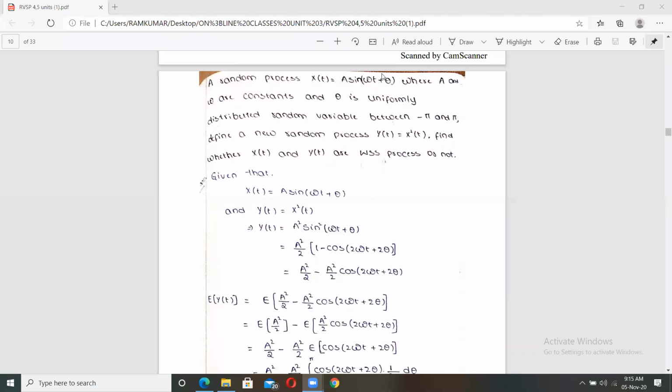Here the random process x of t equal to a sin omega t plus theta, where a and omega are constants and theta is uniformly distributed random variable between minus pi and pi.